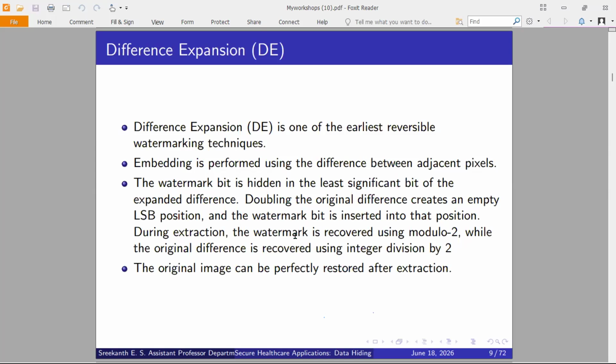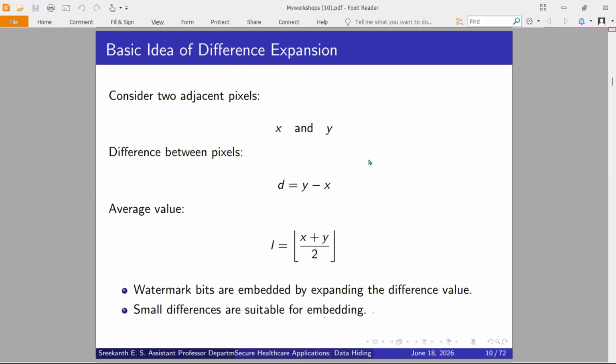We will see what difference expansion is with an example, because I don't want to go into the theory portion. Suppose there are 2 pixels; we know an image is a matrix. So we have 2 pixels, x and y. Assume they are adjacent pixels. Let the difference between them be d equals y minus x. We also have to calculate the average.